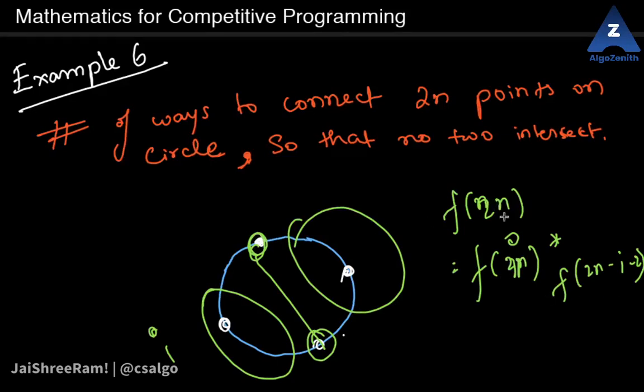So if we just take out this 2, we define f of 2x equal to some g of x, something like this, so g of x will follow the Catalan number, and hence the solution for f of 2n will also be the Catalan number. Okay, so these are all different scenarios where you see that the Catalan number is popping up, in case in some problem you see that this recurrence is being formed, or this is the path that is being traced.